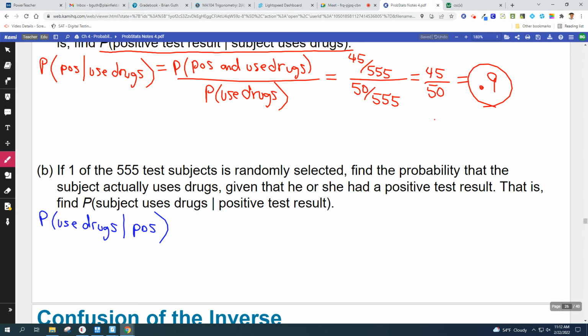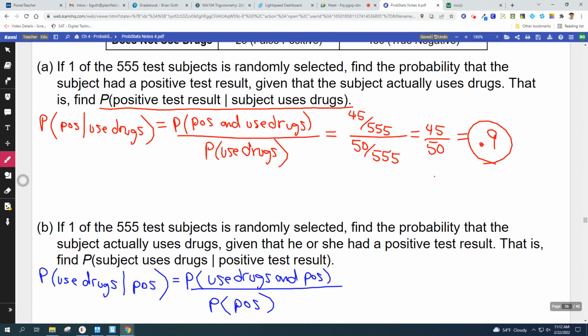Use drugs given positive is not the same thing as positive given use drugs. So be careful there. According to the equation, you've got to do the and, use drugs and positive, divided by the second one, positive. Not the same thing.